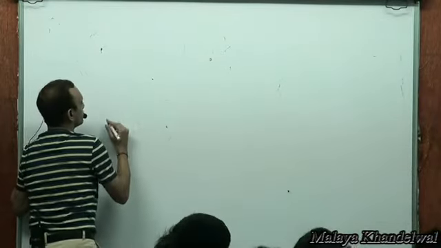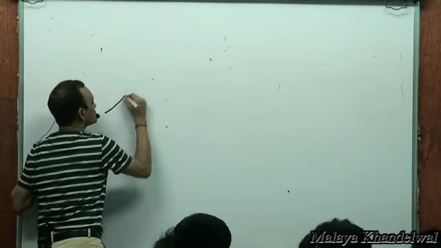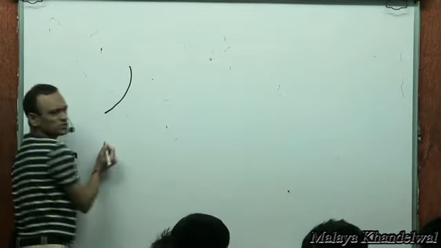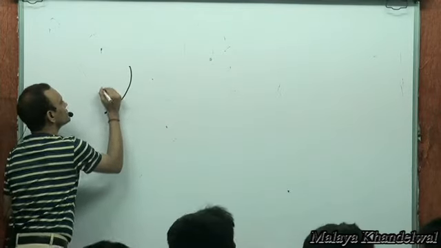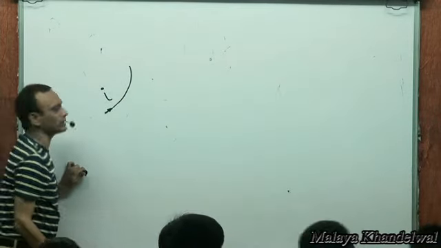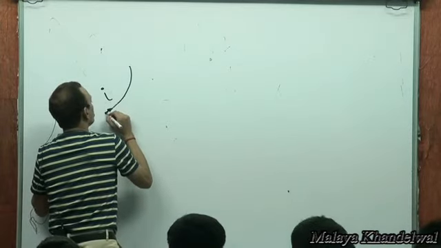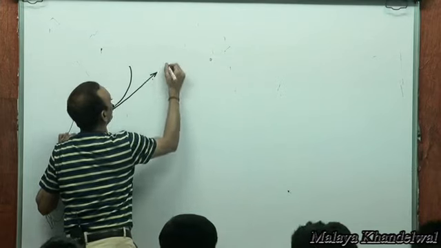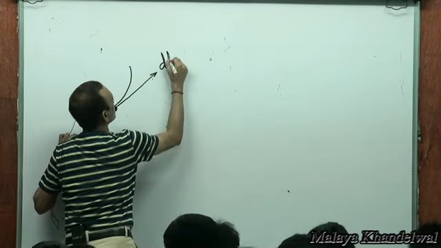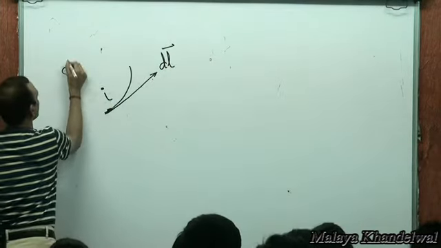So, if this is a current carrying element, a small current carrying element carrying a current I, and you know the way you designate this element is a tangent dl. dl is the length of the conductor.